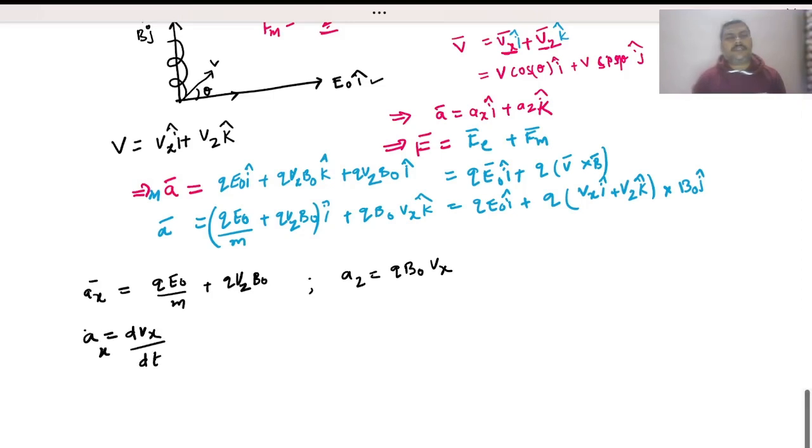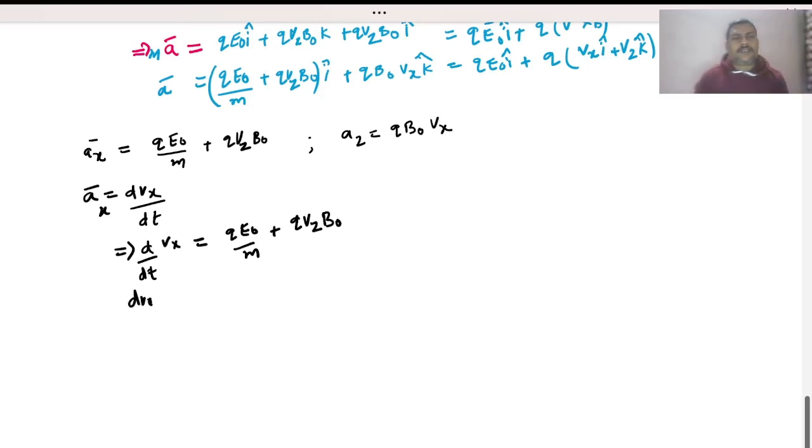So ax is equal to dvx by dt, equal to qE naught by m plus q vz into B naught. So now differentiate this equation once again.